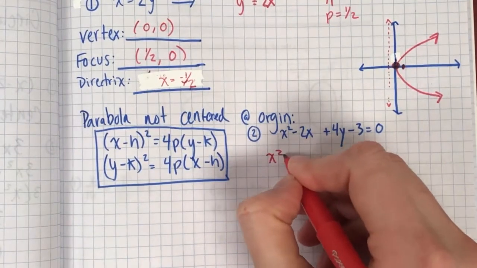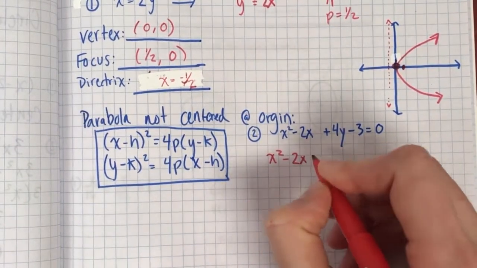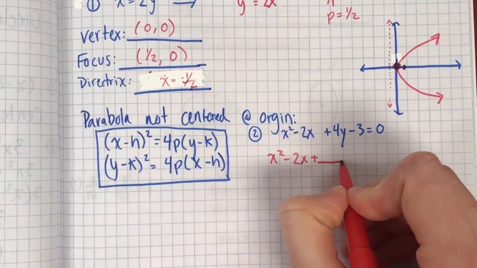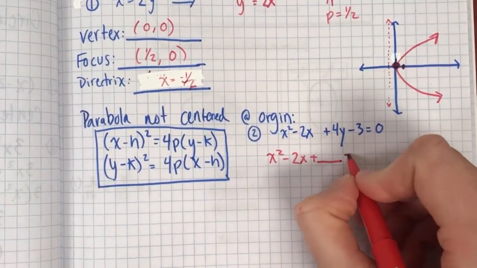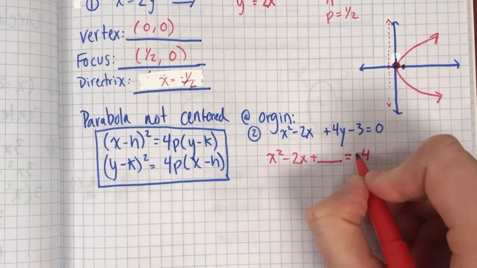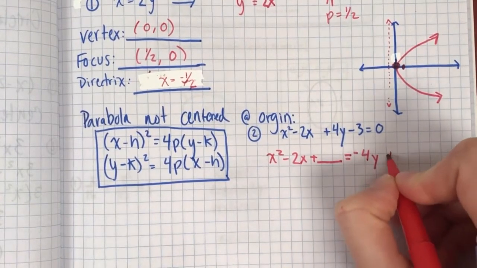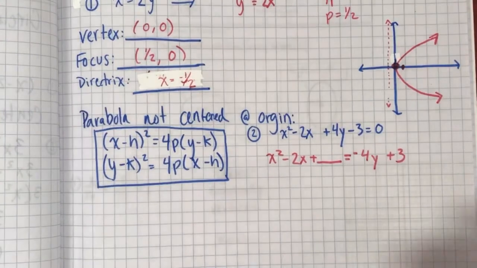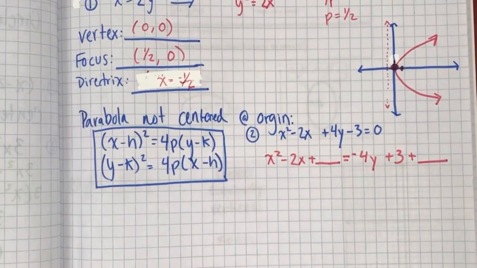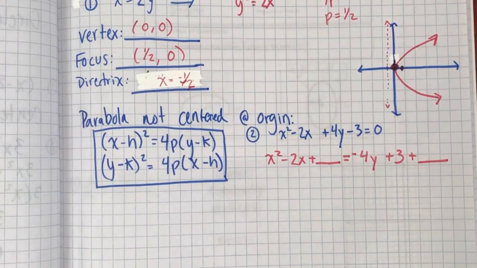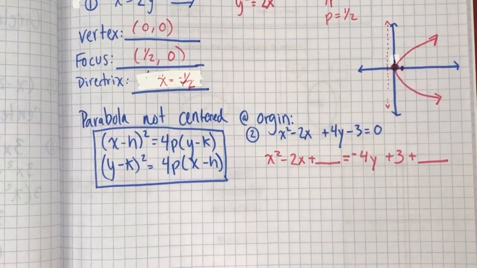So we've got x squared minus 2x plus blank, and we're going to go ahead and subtract all the rest of this to the other side. Minus, or equals, -4y plus 3 plus a blank.